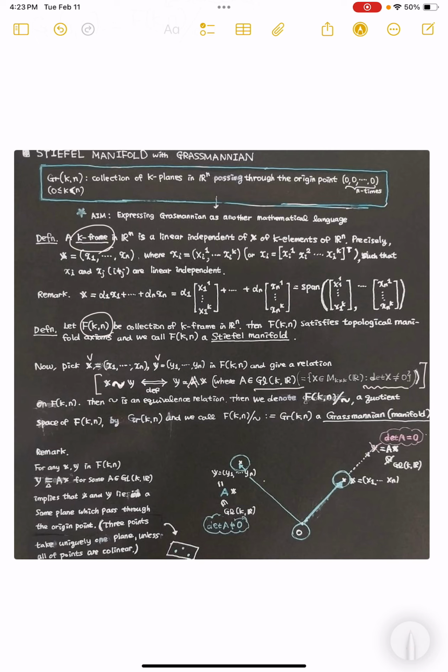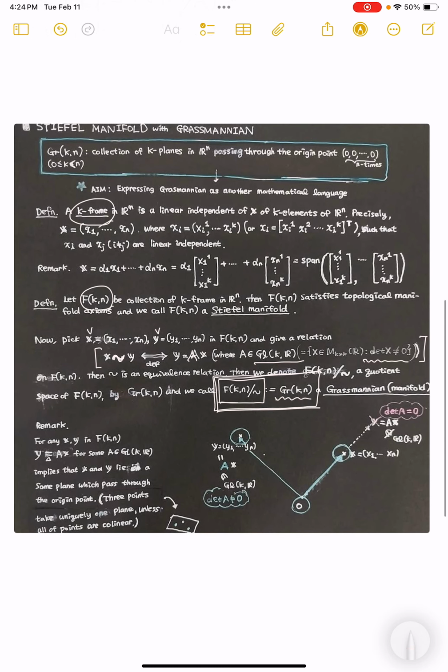That is the equivalence relation. We can consider the equivalence class of the Stiefel manifold. It is equal to the Grassmannian. So we can define the Grassmannian by defining a Stiefel manifold.